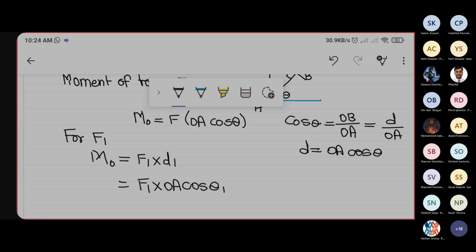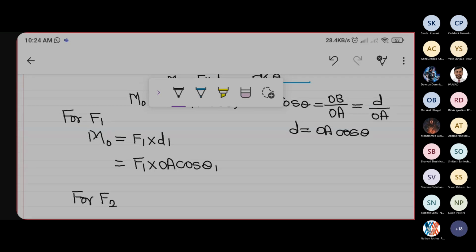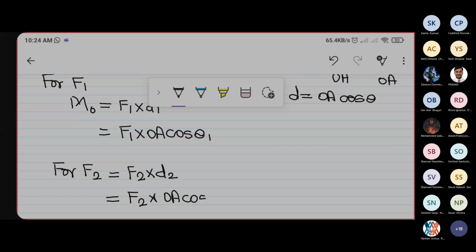Okay. Similarly, for F2, it can be written as F2 into D2, or we can write F2 into OA cos theta 2.